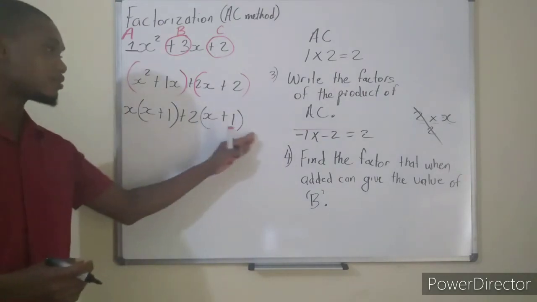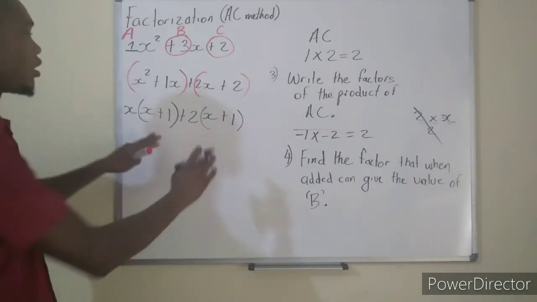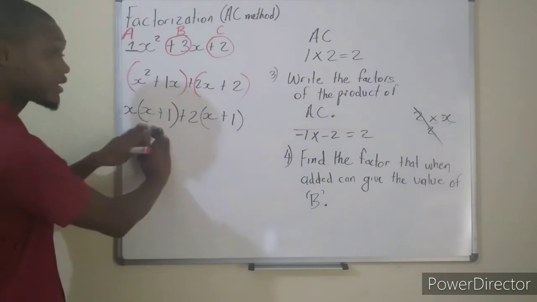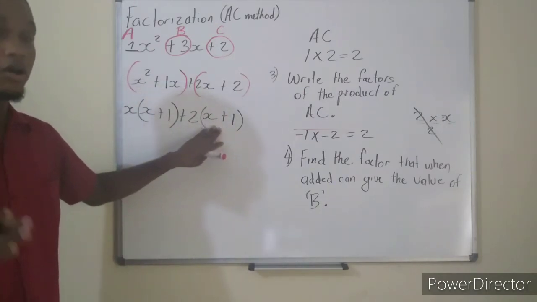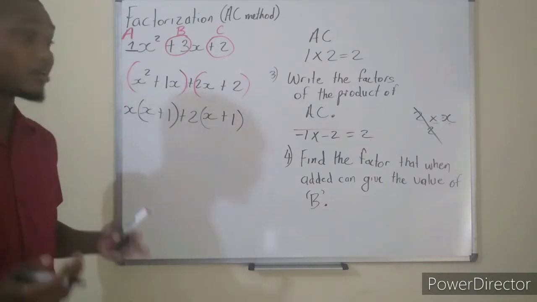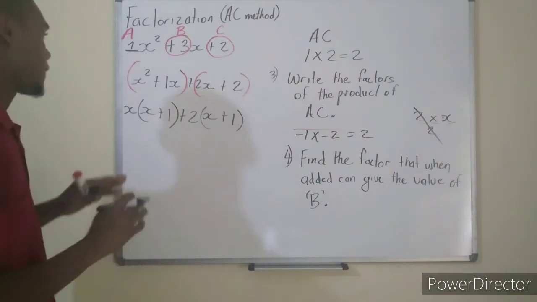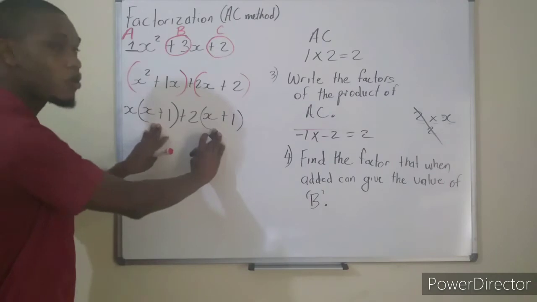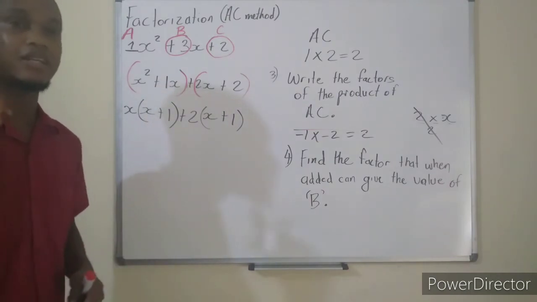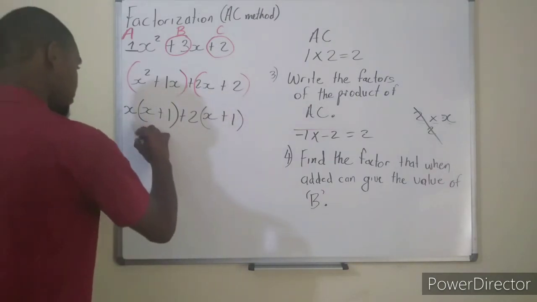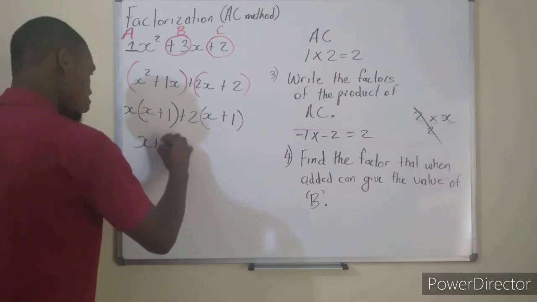Now this is the line that you're at. Whatever is in one bracket must always be found in the other bracket. That's a rule: both brackets must always be equal. Because both brackets are equal, you can write it once in your next line: x plus 1.